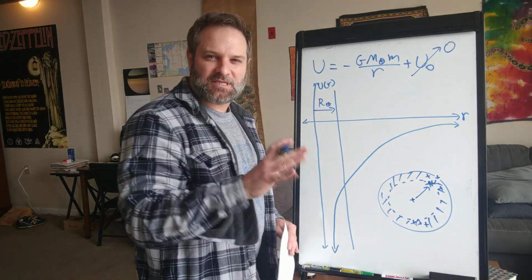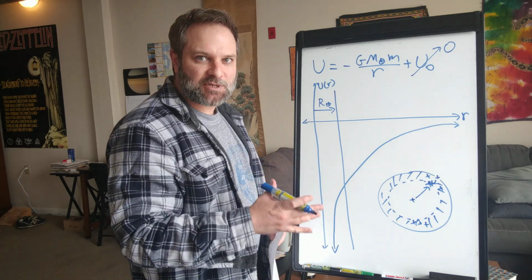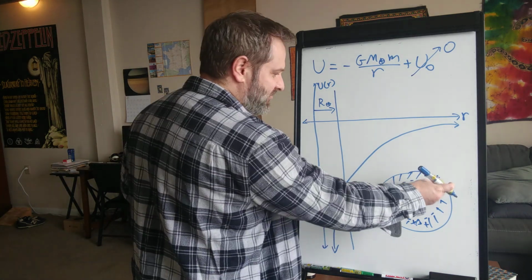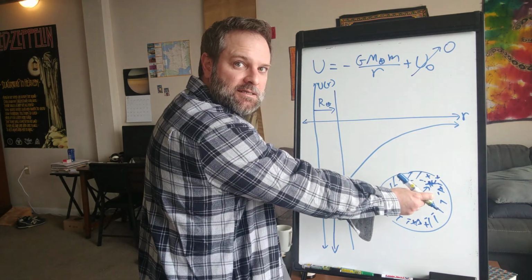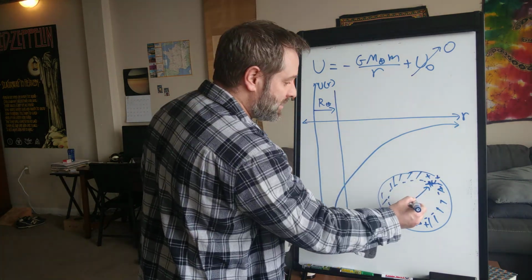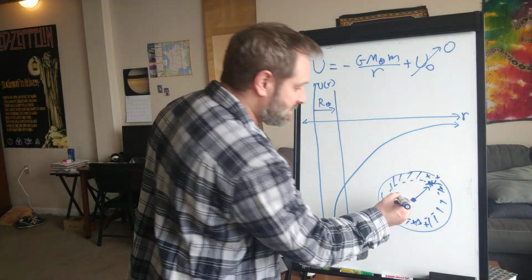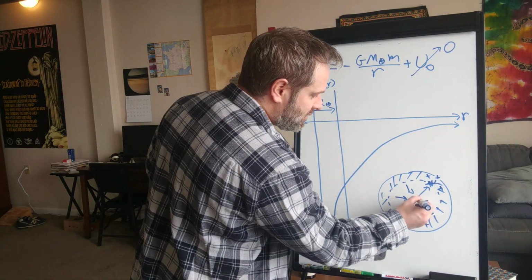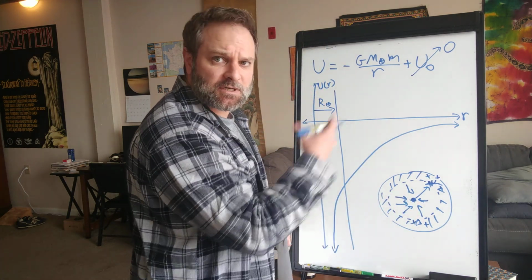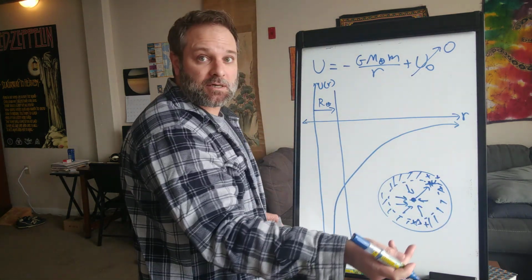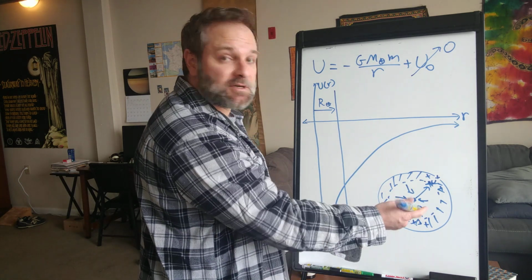That's a bit of a conceptual and perhaps confusing explanation. But the point is that as I fall through the Earth's surface, less and less of the matter in the Earth affects me gravitationally until I get to this center point. At that center point, all of the matter is pulling on me exactly equally, if everything's spherically symmetric. So I feel no gravity here. There's no gravitational force in the center of the Earth.